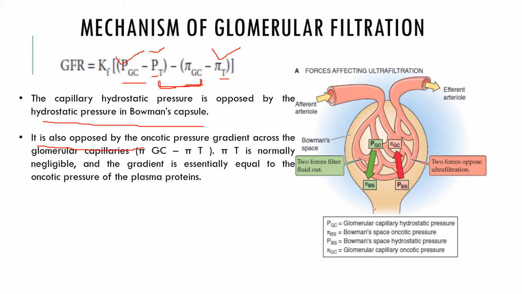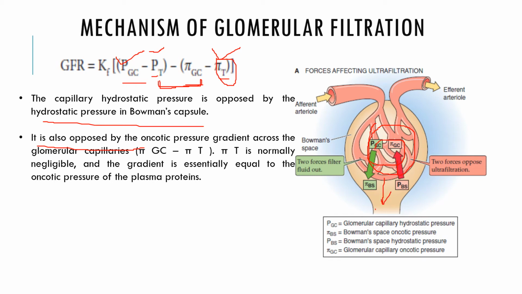The pi t is normally negligible. We all know that the oncotic pressure depends upon the plasma protein level. Most of the protein remains entrapped within the glomerular tuft. Very nominal protein actually enters into the Bowman's fluid.